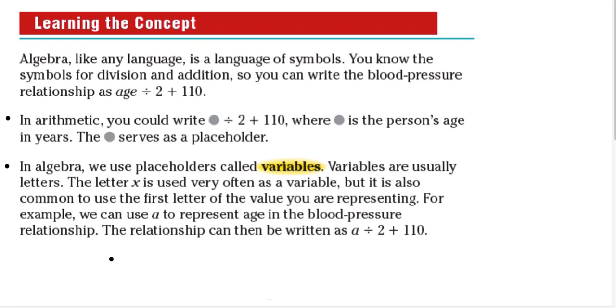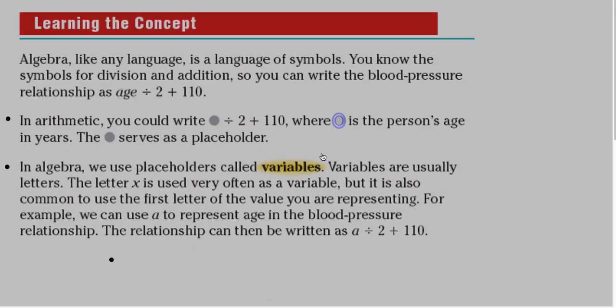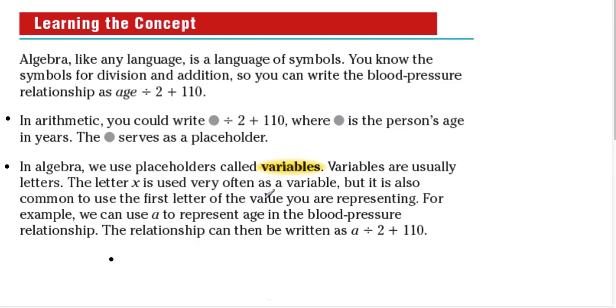So basically what it's saying is this: instead of a placeholder, instead of this circle, we are using variables. And variables are usually letters, and the most commonly used letter is X. But in this case, we'll use A because A stands for age.